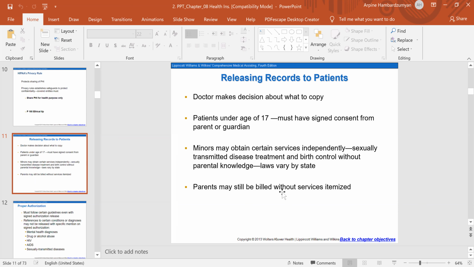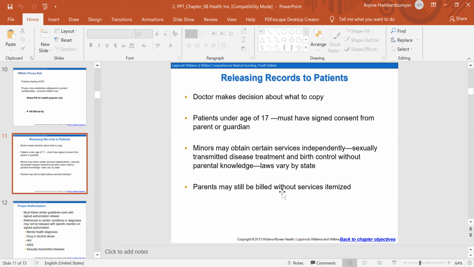So if it is a patient under the age of 17, there are several cases where you don't have to obtain the signature from the parent. They are signing their own papers. For example, when they came to your office to be treated for STDs, sexually transmitted diseases. They have the right not to tell their parent about this. And if you bill their parent, you need to be attentive because you might not have the right to tell the parent what you are taking the money for.